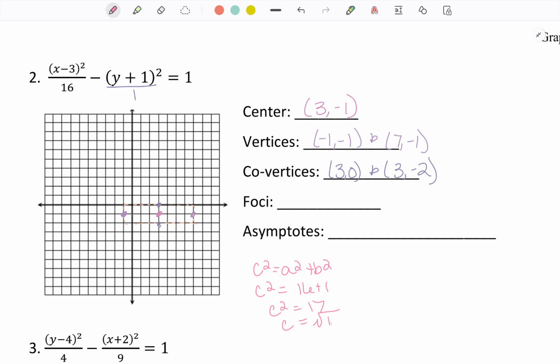So c is the square root of 17, and that is approximately 4.1. So that puts our foci plus or minus 4.1 away. So just barely outside of our vertices.